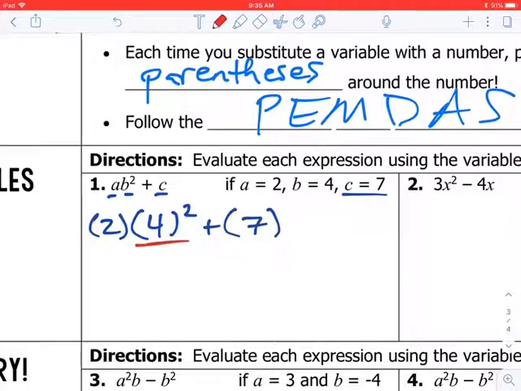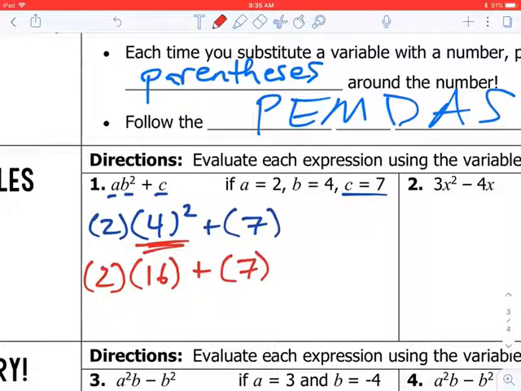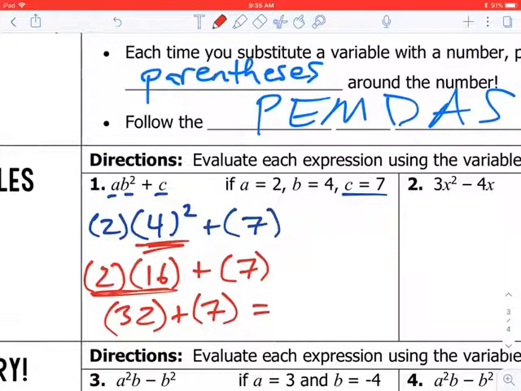So first up is exponents. 2 times 4 squared, 4 times 4, use your calculator if you need to, 16 plus 7. 2 times 16, multiplication and division is next. That's 32 plus 7. You can keep the parentheses, you don't really have to though. And now 32 plus 7 is 39. And we're done.